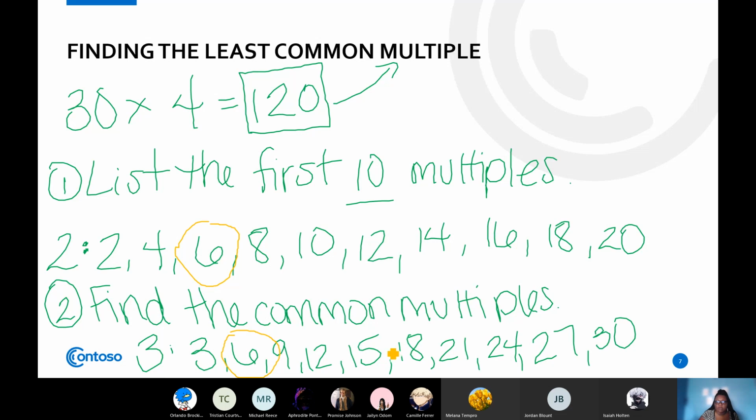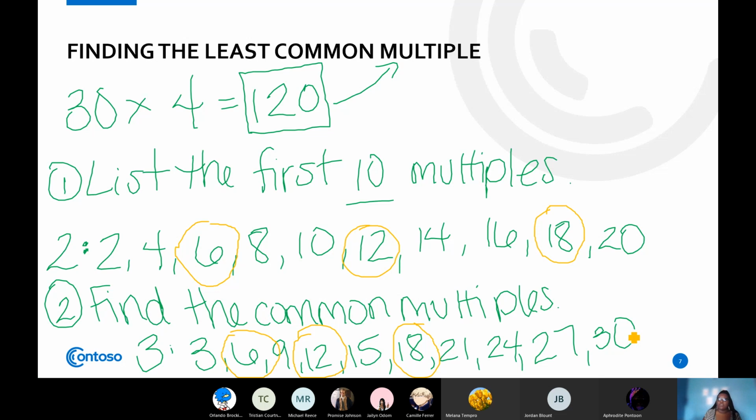They both share the 12. 12 is a common multiple between both of these numbers. And they both share the 18. Okay? So now I've listed those common multiples.